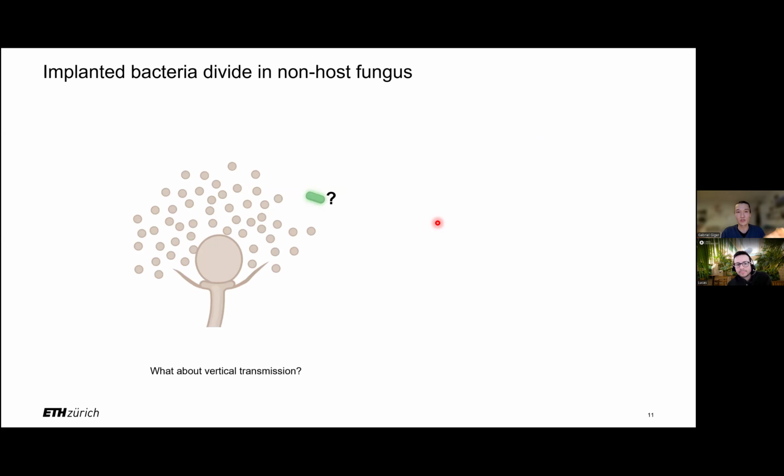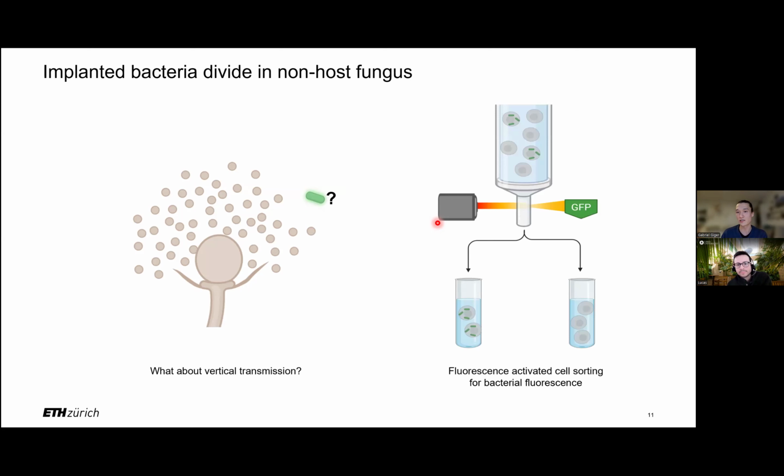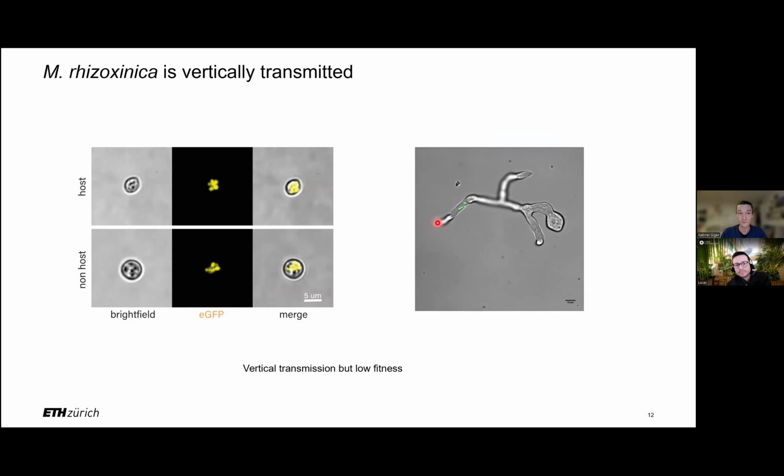So this is not possible, but what we could do is harvest the spores and use a cell sorter that looks for the bacterial signal from the GFP in these spores. It could check 20,000 spores per second for us, and then sort the spores that had the bacterial signal into a vial for us to look at. When we did this after the injection, we did indeed find a very, very small subset of spores that had bacteria inside.